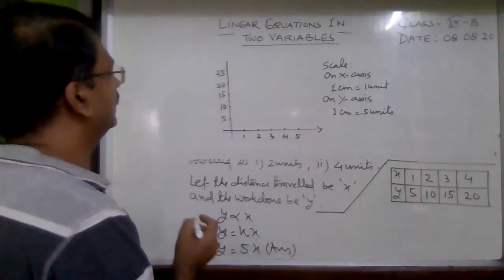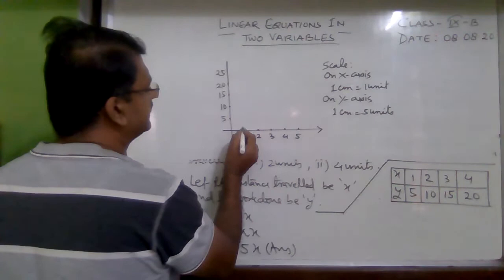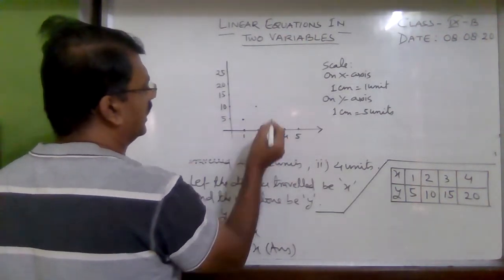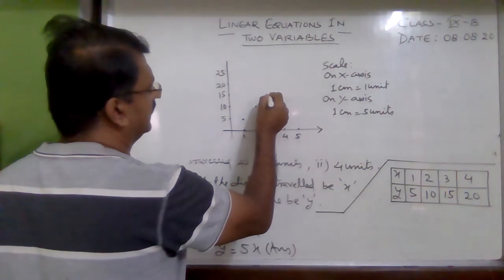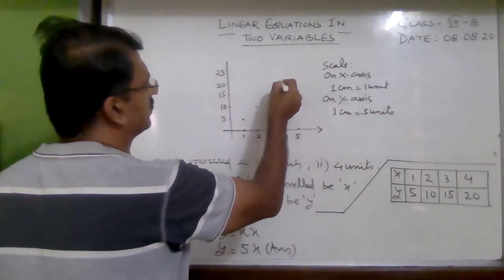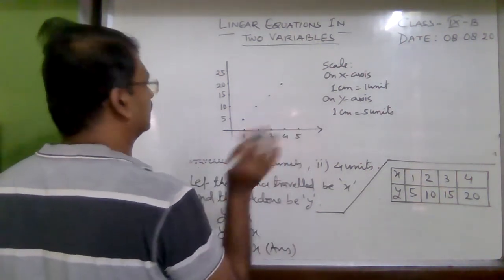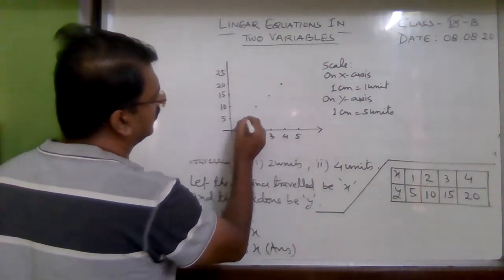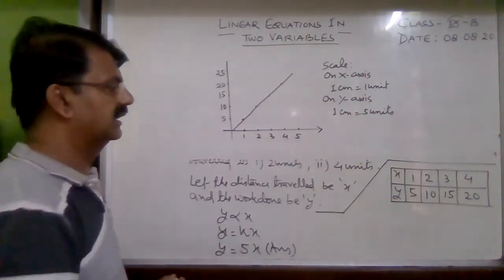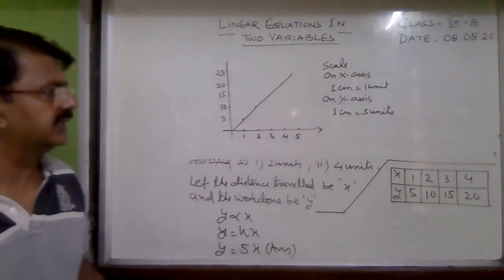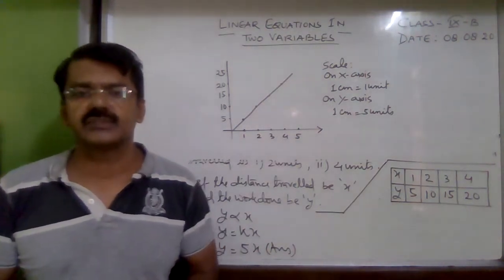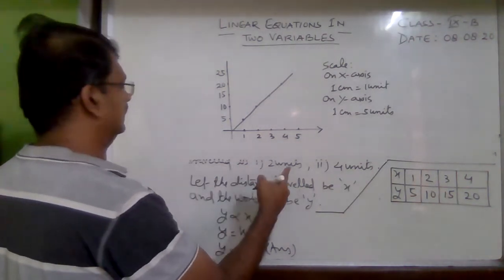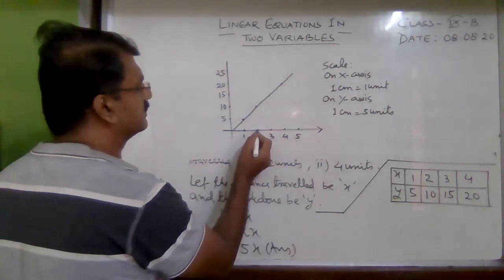Okay. Now what we do, when x is 1, y is 5. When x is 2, y is 10. When x is 3, y is 15. When x is 4, y is 20. That's all. Now if you join them, you will get a straight line. That means because it is a linear equation, we are getting a straight line. And now when the distance traveled is 2 units, means x is 2.